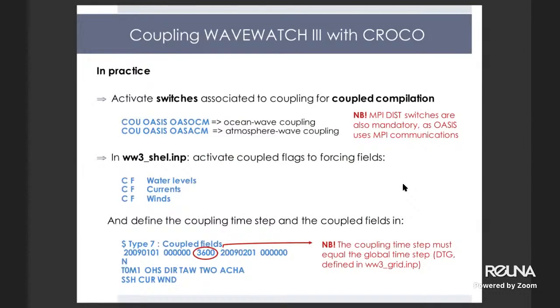So in practice, what you have to change when you use WAVEWATCH in coupled mode are these three little things. So first, in the switches, prior to compilation, you have to add the dedicated coupled switches, OASOCM and OASACM, as I say, nicely pronounced.